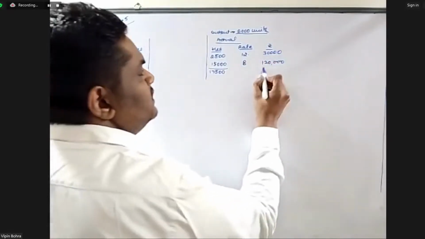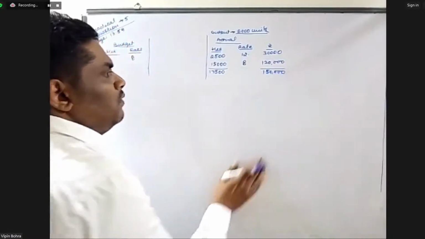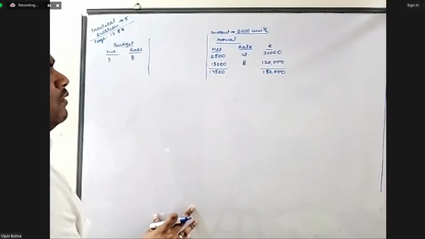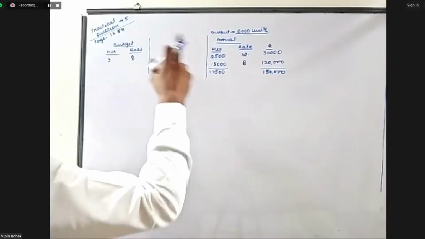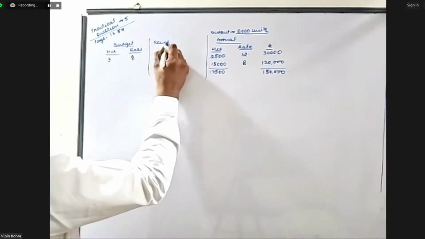This is 30,000. Total amount paid is 1,50,000. Further, this data is given for 1 unit, so we'll prepare the revised standard.